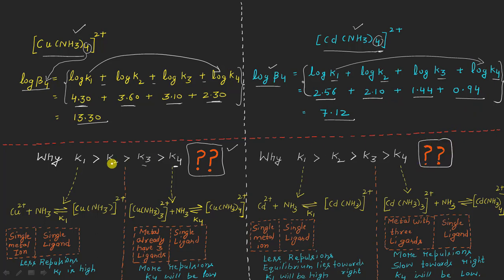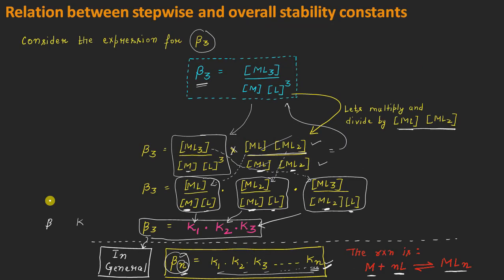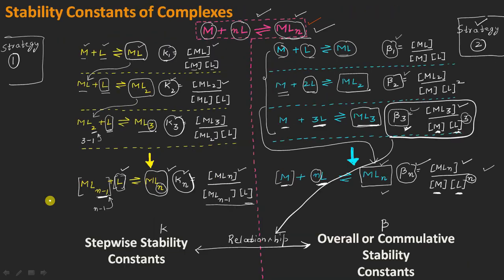If you think about K1, it means what? That it is the equilibrium constant for a single metal ion and a single ligand, right? If we go back to the previous slides, we will see that K1 is for a single metal and a single ligand.